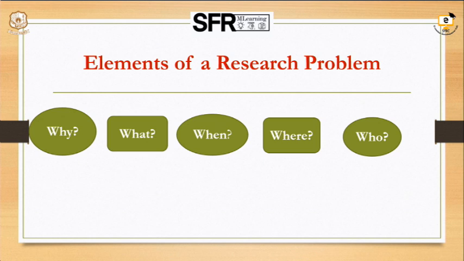And second one is what. What means the topic or theme which needs to be investigated. For example, suppose a company is running, what would the company do if we increase our price by 25%? So the company should know the answer for this question.